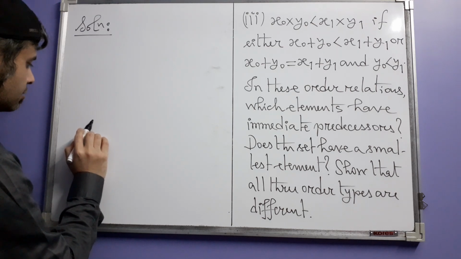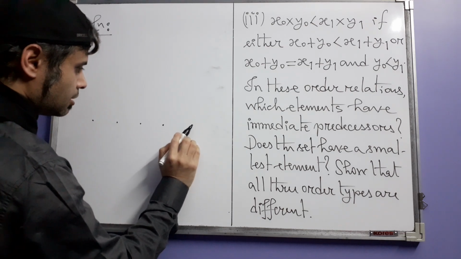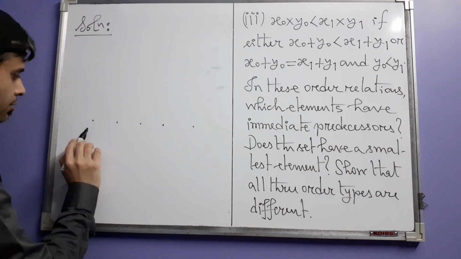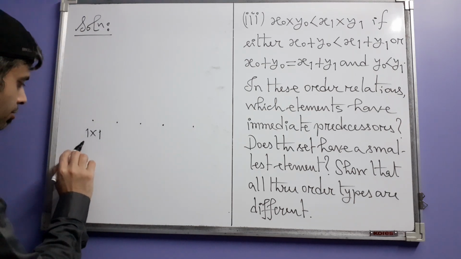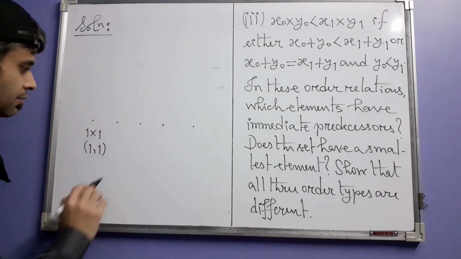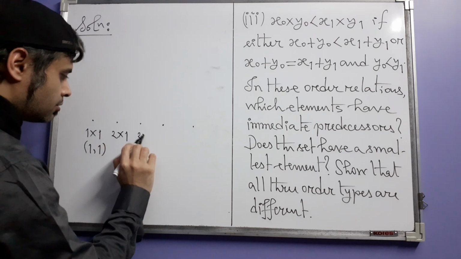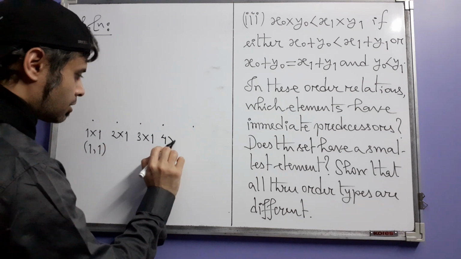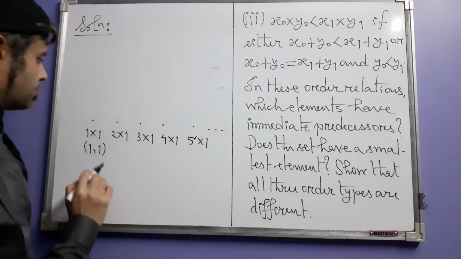You have these points, right? This is your 1 times 1, or in the old notation, if you write it as an ordered pair, (1, 1). Then this is 2 times 1, 3 times 1, 4 times 1, 5 times 1, and so on.